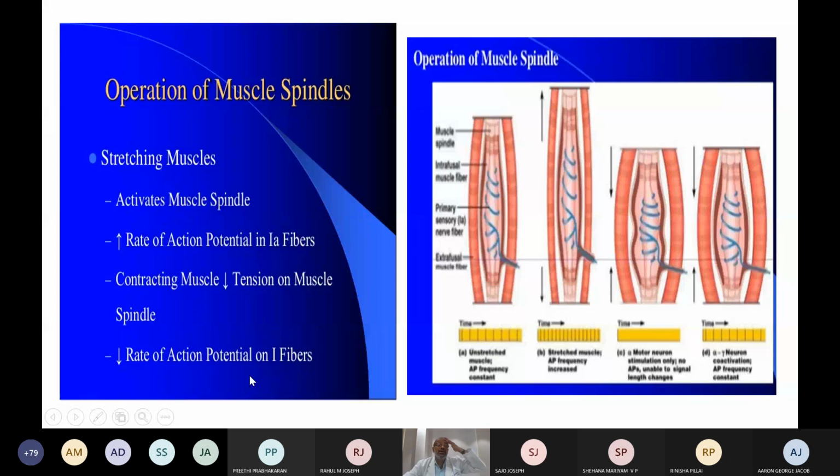So in the operation of the muscle spindles, stretching of the muscle activates the muscle spindle. There is an enhancement in the rate of action potentials, and the contracting muscle reduces the tension in the muscle spindle, as a result of which there is a decrease in the action potentials on type 1 fibers.